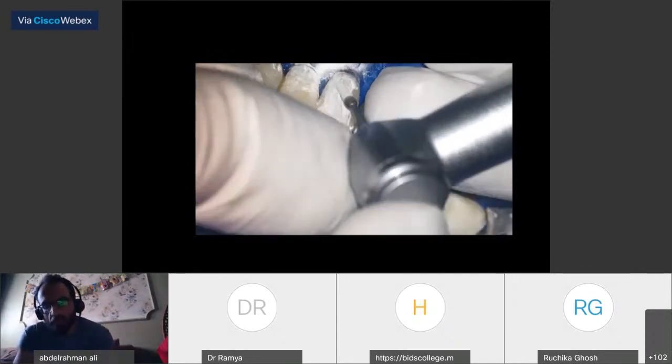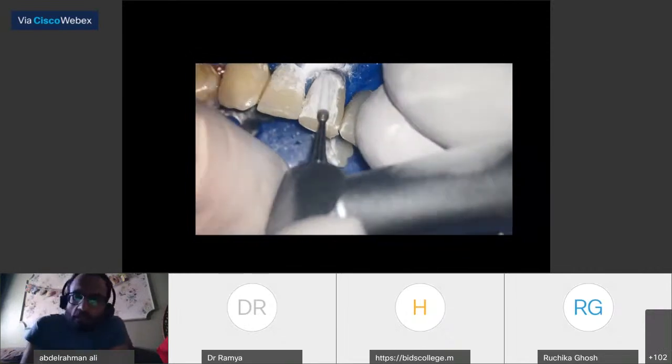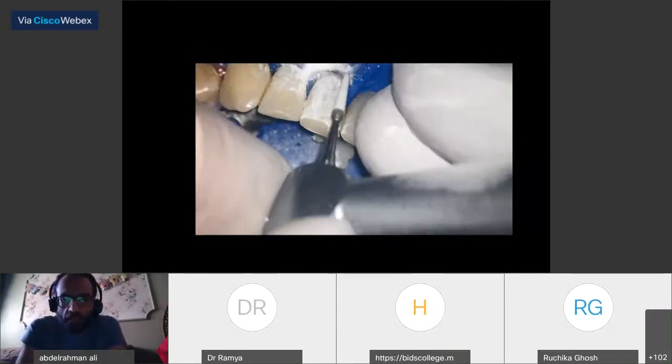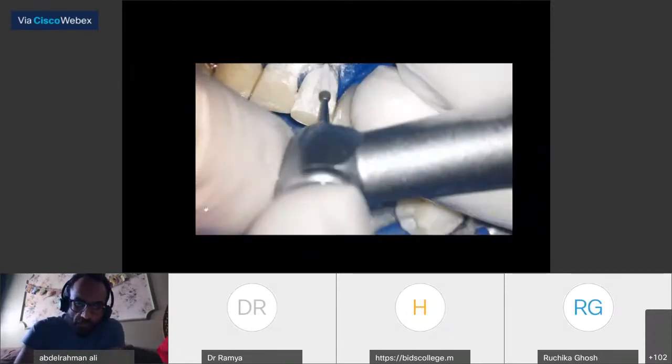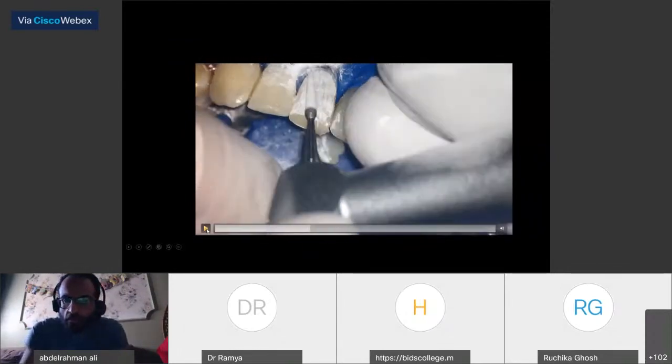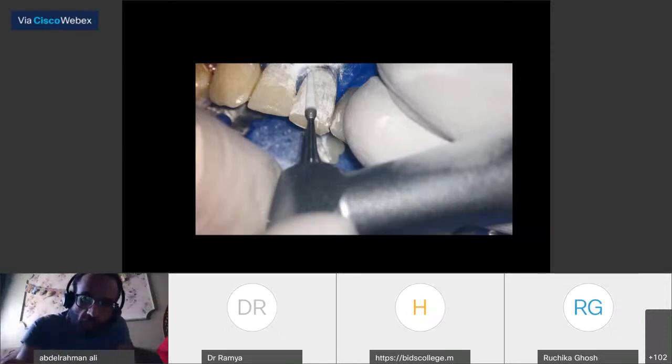It's a low speed diamond bur. You can use it at 11,000 RPM. And the debris, if you want to know which guide to follow, you follow the debris. If there is no debris, this is a depression area. If you want to have a flat surface, you have to have equal debris.